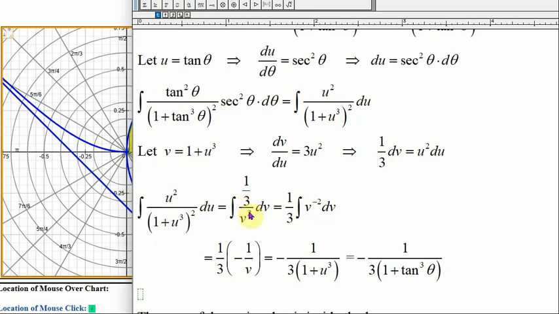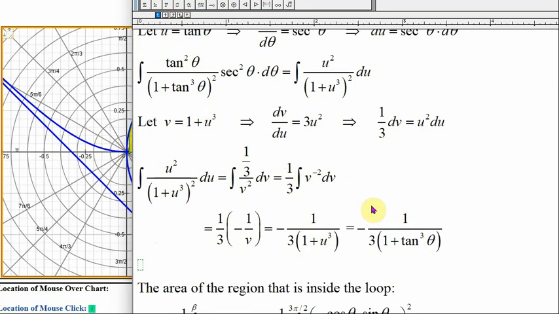And then we can rewrite this as 1/3 times the integral of v to the negative 2. The integral of v to the negative 2 is negative 1 over v. So we end up with negative 1 over 3 times 1 plus u to the third. Okay, that's what v is.